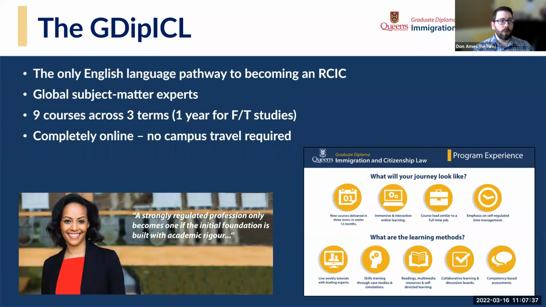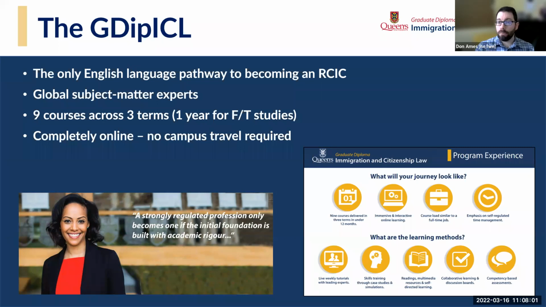So the Graduate Diploma in Immigration and Citizenship Law, it's the only English language program to become a regulated Canadian immigration consultant. A lot of you already know that structure. It is a fantastic opportunity for an industry that is extremely important and vital to the Canadian landscape, that there is some significant regulations and structure around it.